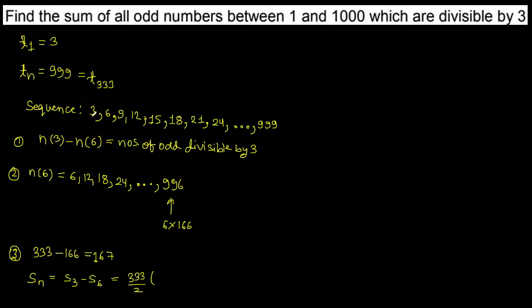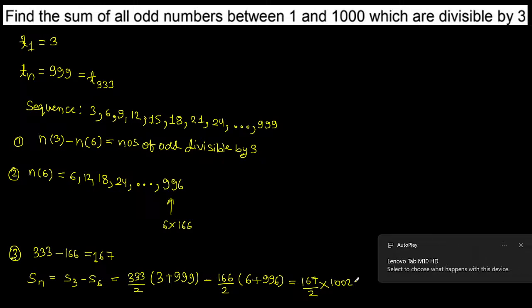First term is 3, last term is 999. And this is 166 by 2, 6 plus 996. This is also 1002. So we can say that 167 by 2 into 1002. Solve this question and get the answer.